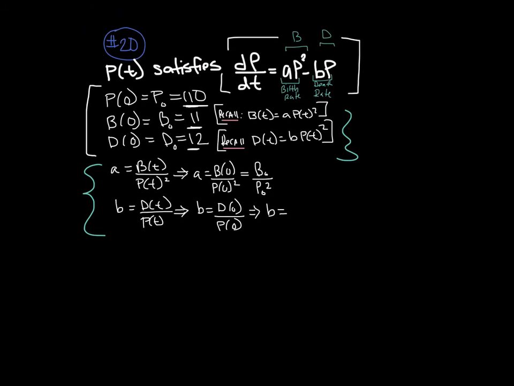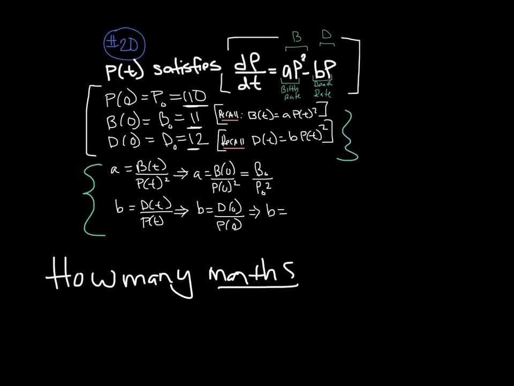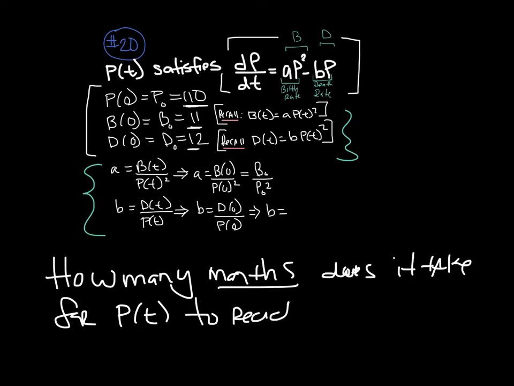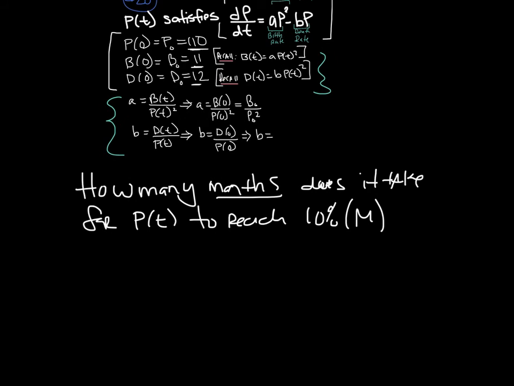And the goal is, let's go ahead and write it: how many months does it take for our population of alligators to reach 10% of the threshold population M. So that is 10% of M. We know what M is from number 18.